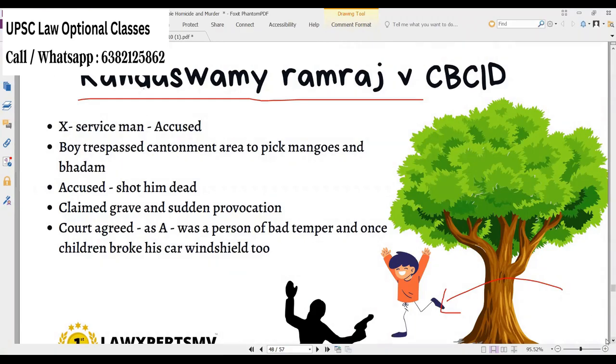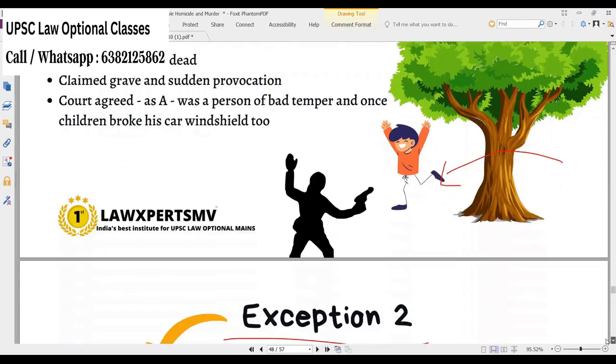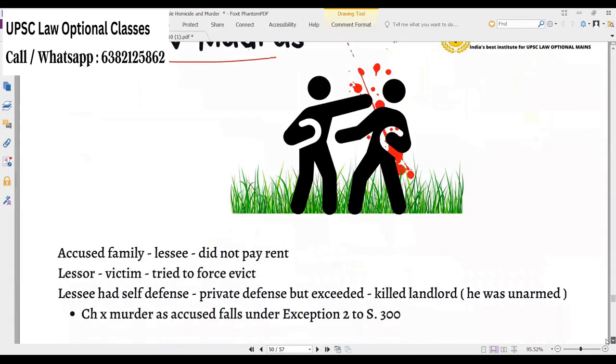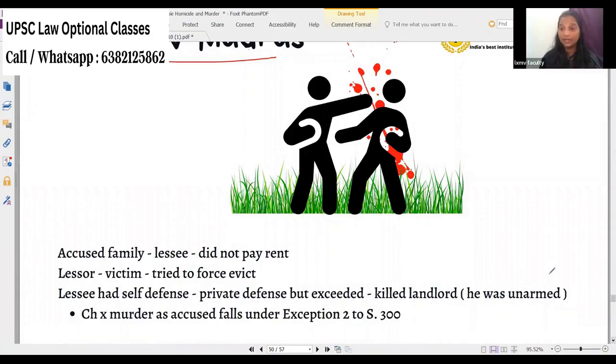In Nathan versus Madras case, here the tenant exceeded his private defense, not in good faith? No, in good faith only. He thought he wanted to stop the landlord, push him outside. But in such a way, he wanted to save his family. He used all his things to put him away, and he is dead.